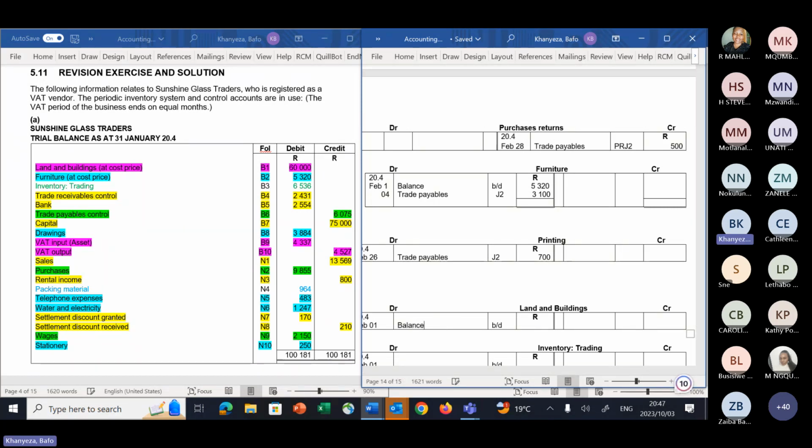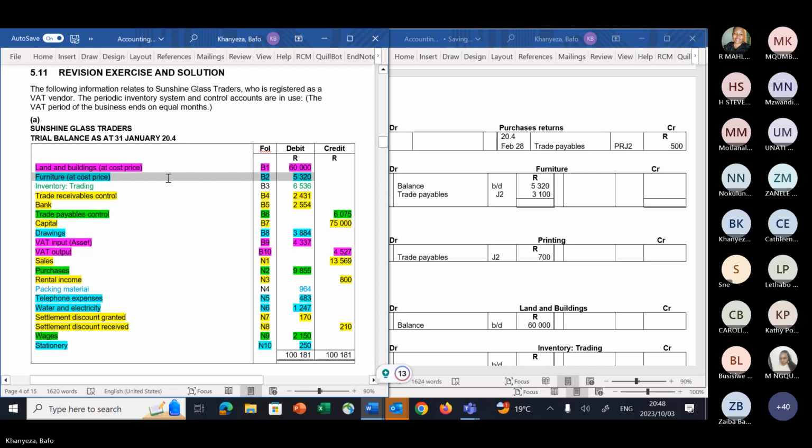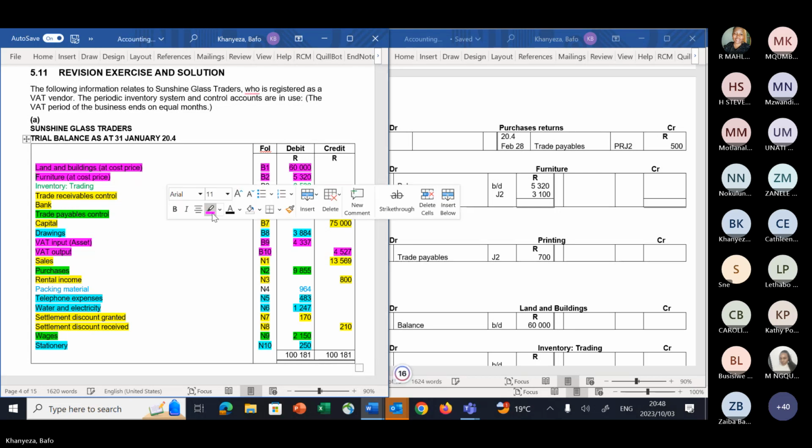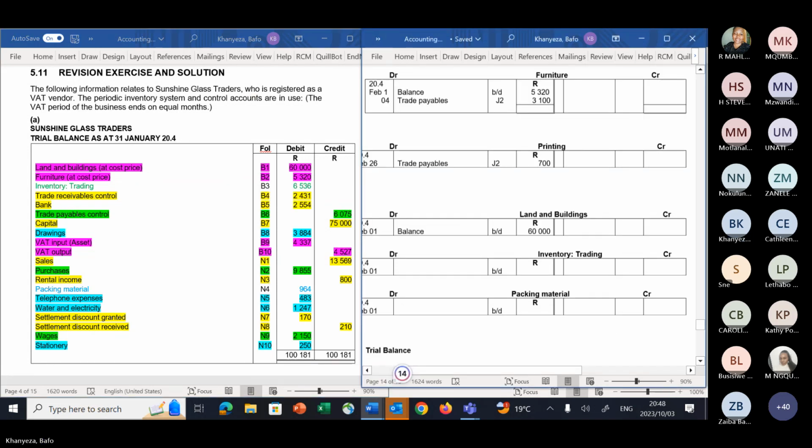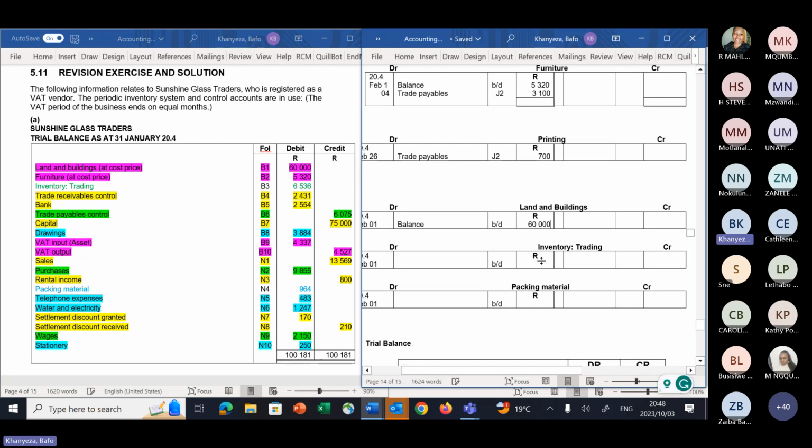That's why I highlight what I've done, because then it sticks out nicely. Trading inventory is one of the last items that we haven't done. So we also bring it as it is, inventory.